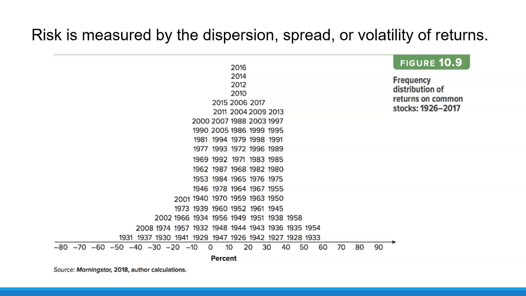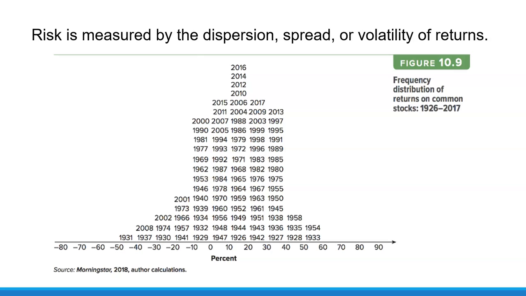So we see the frequency distribution, and then we can see standard deviations between the average. And as we move out on the graph, we can see that we have ranges from a negative 50% return to a 60% return on the original investment in any single one of these stocks.